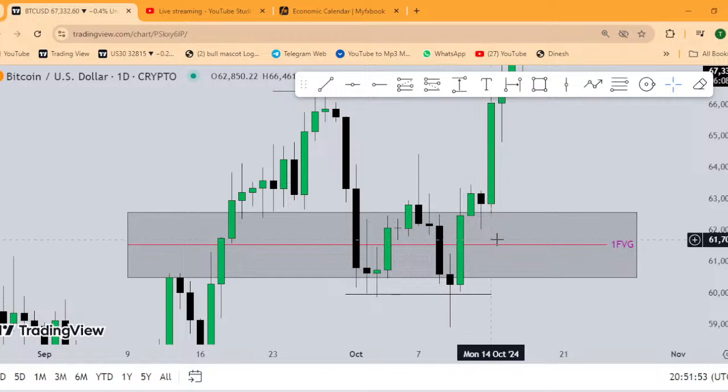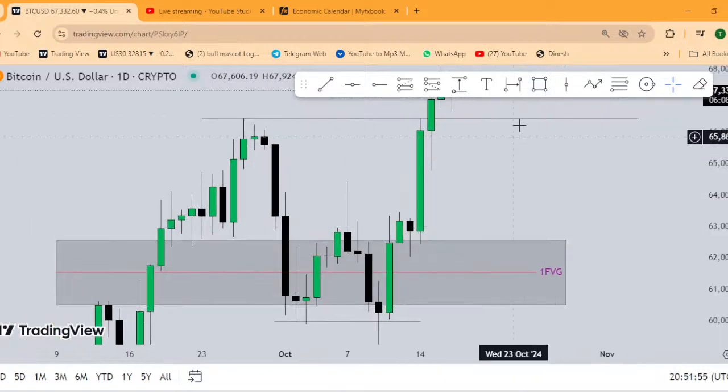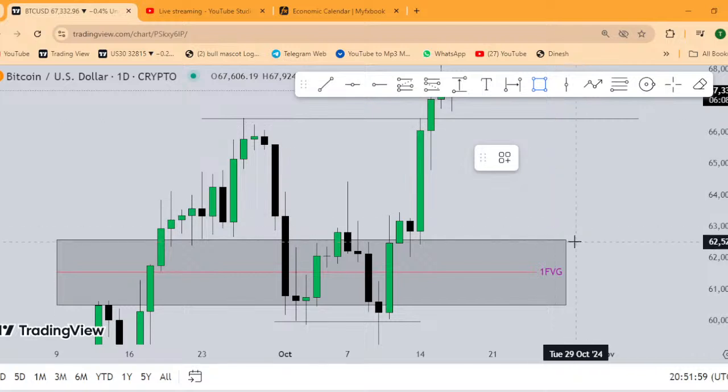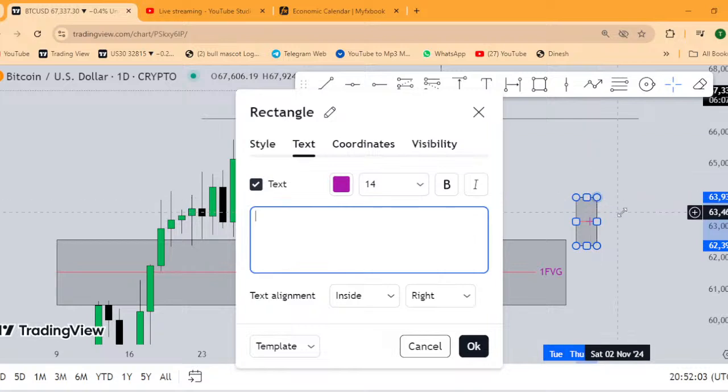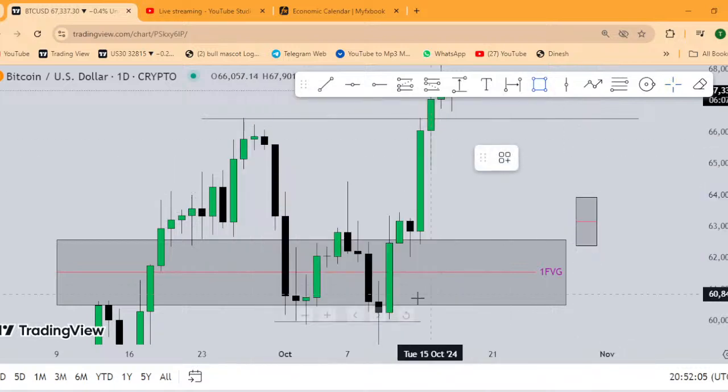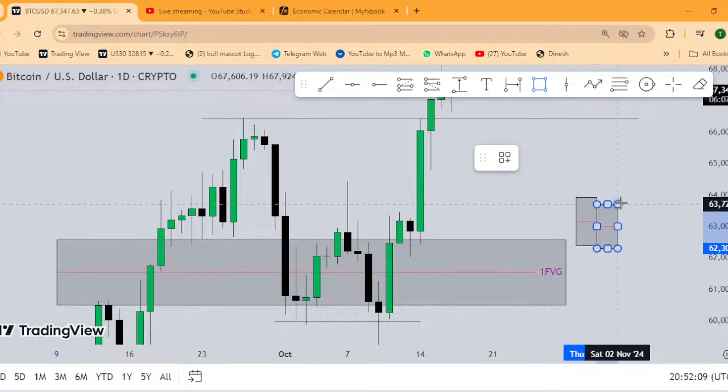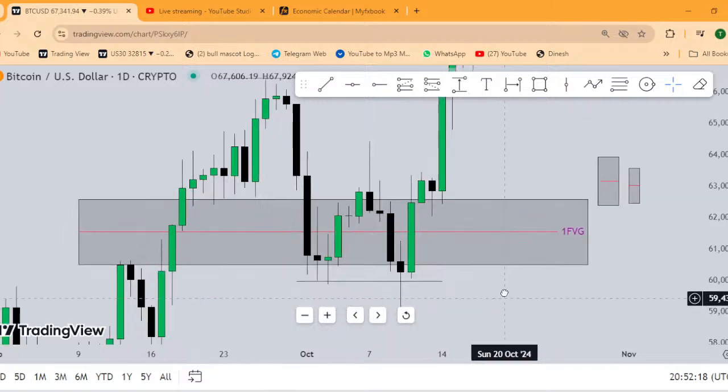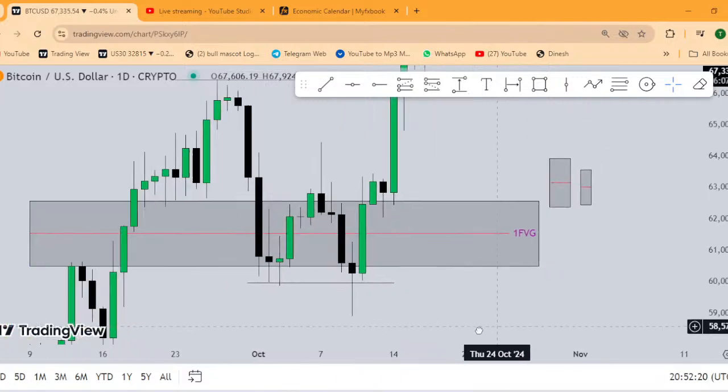But then the answer to that is what we spoke about in the previous class. We want to see the candle which is displaced above to be the valid shift. If we have this order block here, and then this green candle that is reversing to close above it, decides not to close above, opens from here, and then stops here, it is an example of this is type 2.